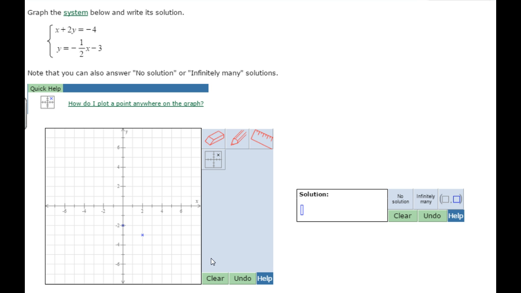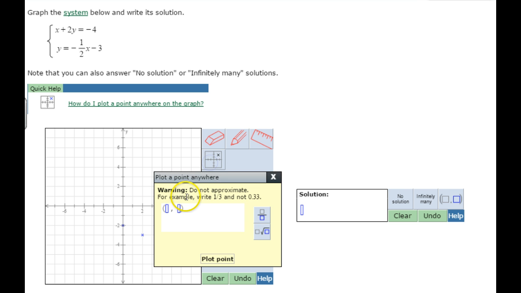All right, let's plot one additional point. Let's plot when x is -2. So when x is -2, y is -1.